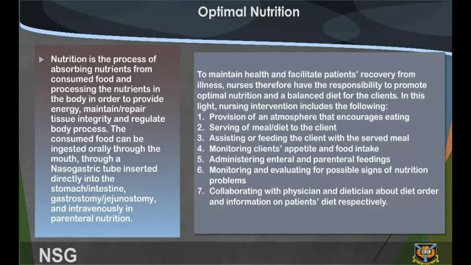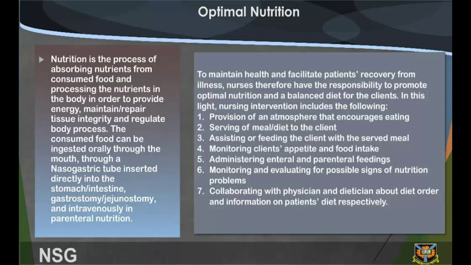Optimal nutrition. Nutrition is the process of absorbing nutrients from consumed food and processing the nutrients in the body in order to provide energy, maintain and repair tissue integrity and regulate body processes.